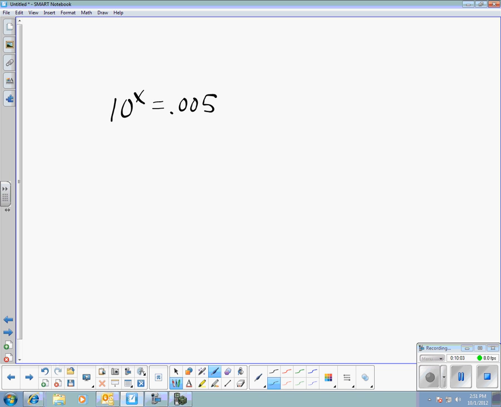Here's how you might choose to remember this, and some of you cat lovers might not like this very much, but imagine our unknown here is the exponent, and it's stuck up in the little perch. It's like up high on an elevated position, like a little kitty cat stuck up in a tree. You know, and there are different ways to get a kitty cat out of a tree. You could call the fire department. You could get a ladder and climb up there. You could do lots of stuff to get a kitty out of a tree.